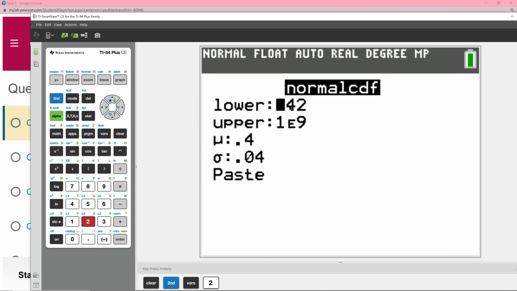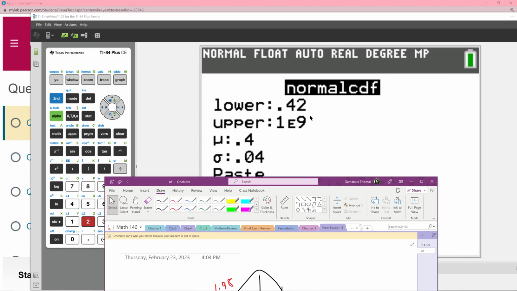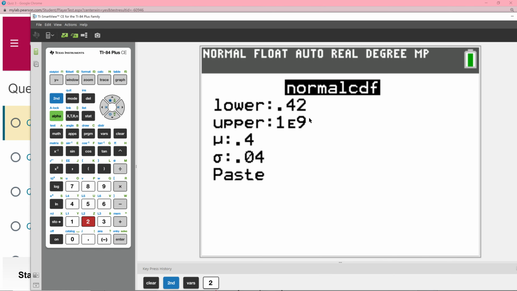We have to have a lower bound and an upper bound. The lower bound, as you probably noticed, was unbounded. So we just got to put in a very tiny negative number. Like negative 100, negative 10 would do good. So I'm going to put a negative 100, probably even more negative than that.